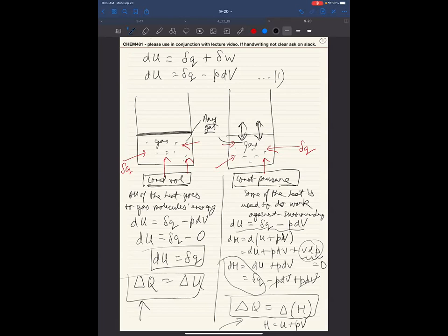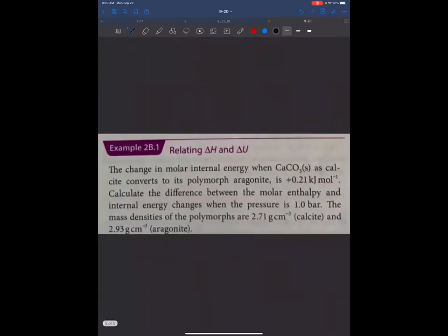This is the most intuition I can give you, and we will look at it a little bit more. Today, I actually have a practical problem, a real chemical reaction, in which we are going to calculate the change in enthalpy and the change in internal energy. This will give you a bit more intuition.